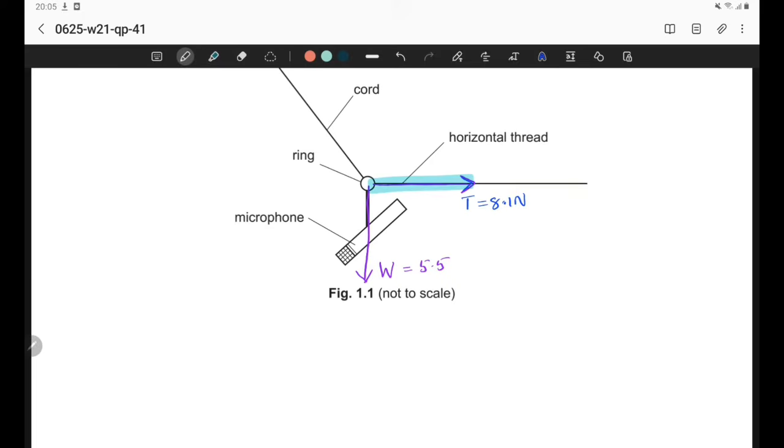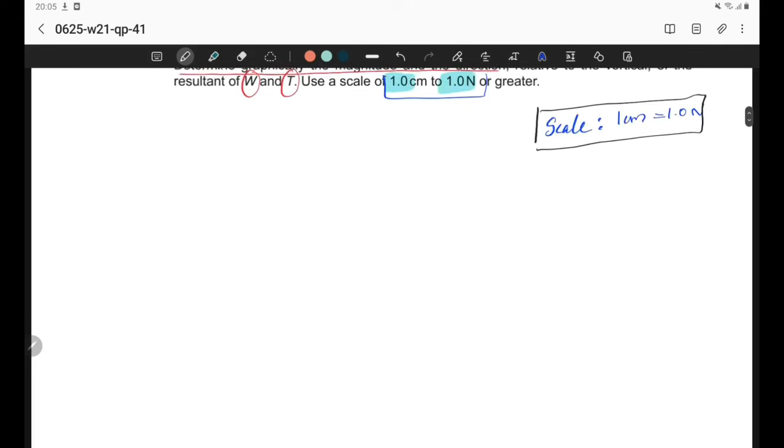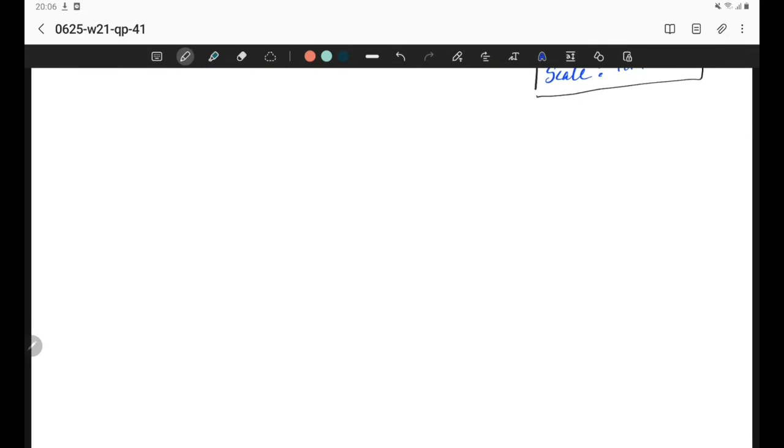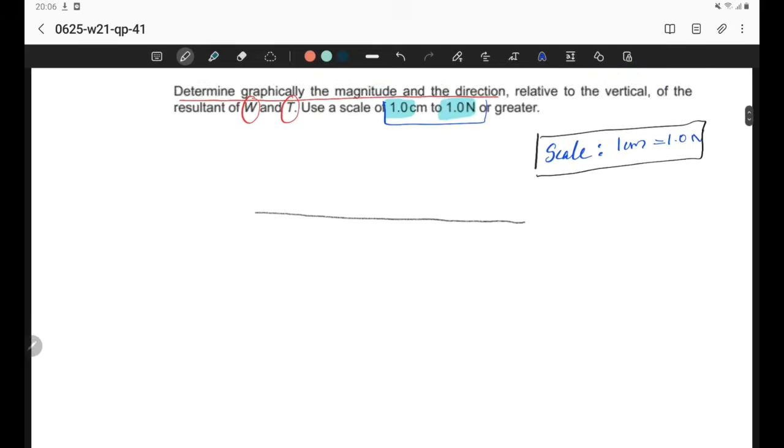In order to draw a vector diagram, first we can draw the tension, which is 8.1 Newton, horizontally towards the right. You should take a ruler and draw with a pencil an 8.1 centimeter line. It should be a straight line. You should draw using a ruler.